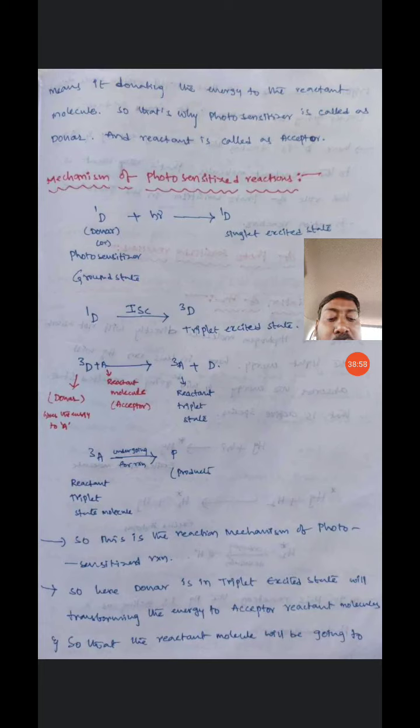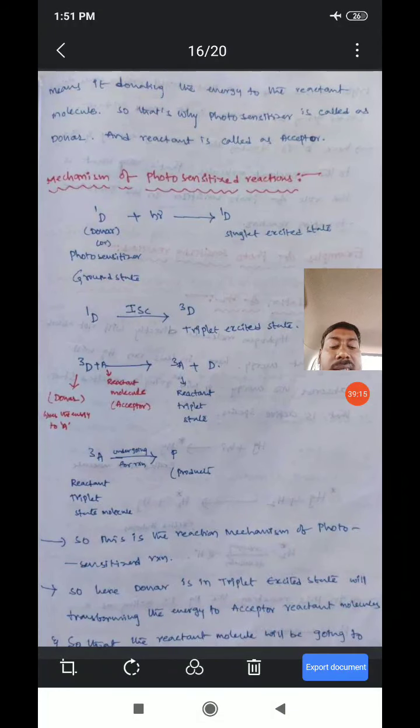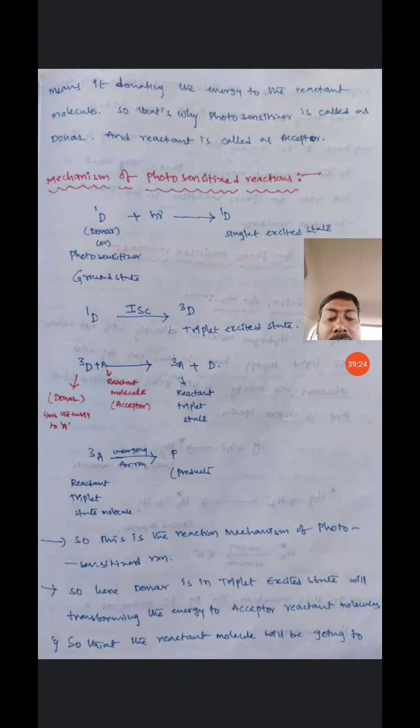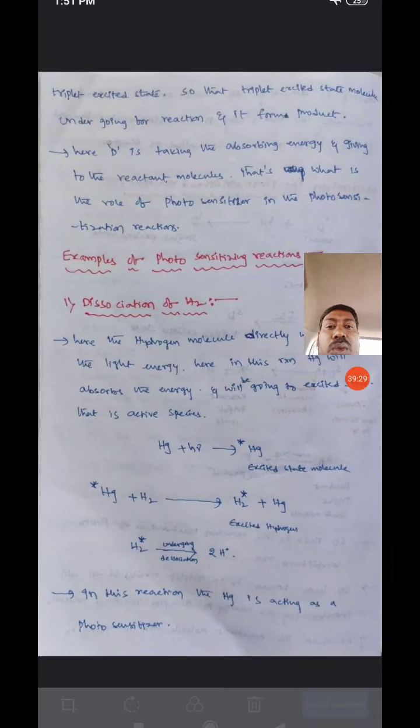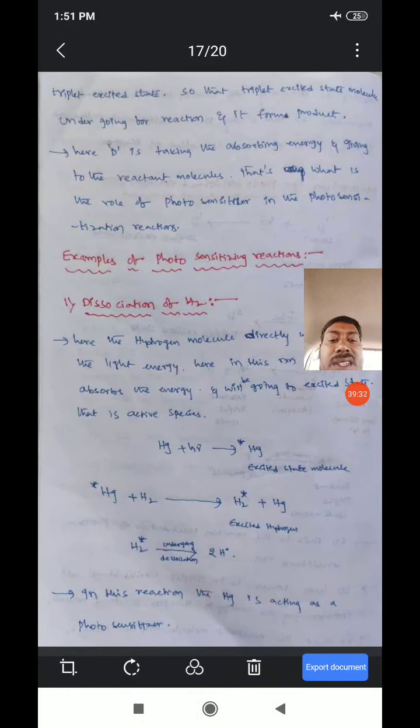Here the donor is in the triplet excited state and transfers the energy to the acceptor reactant molecules, so that the reactant molecule goes to the triplet excited state.